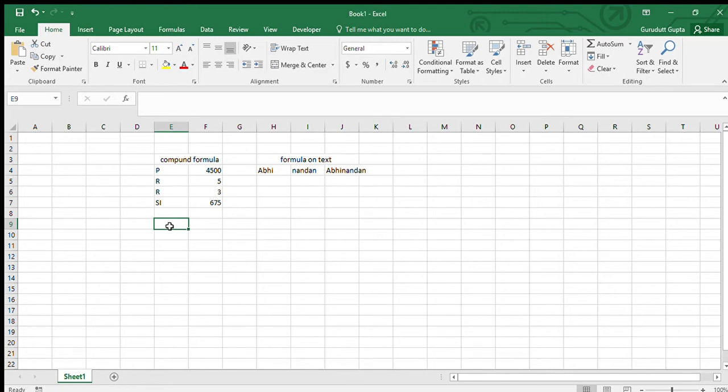First example: let P is equal to 800, R is equal to 4, T is equal to 7.